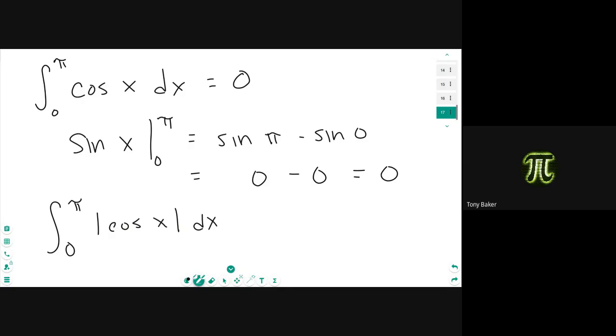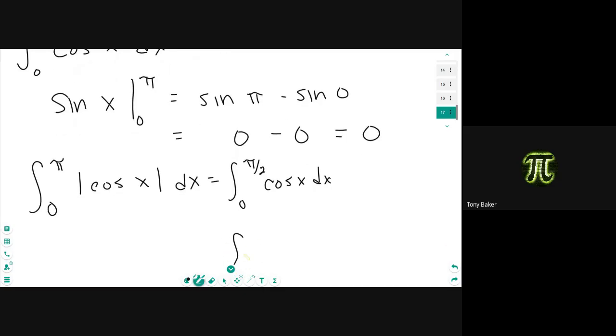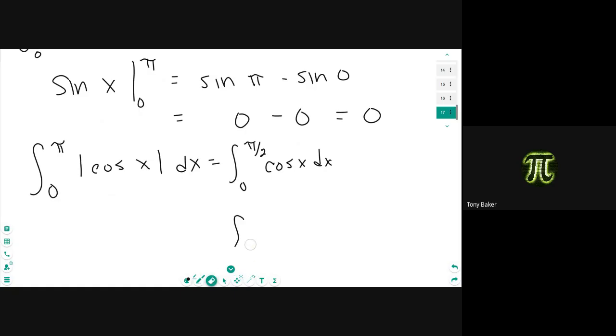So I'm looking at it as two separate parts. I'm going to find the integral from 0 to pi over 2 of cosine of x, and the integral from pi over 2 to pi of negative cosine of x.